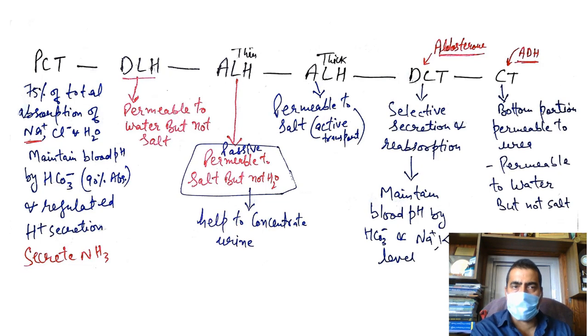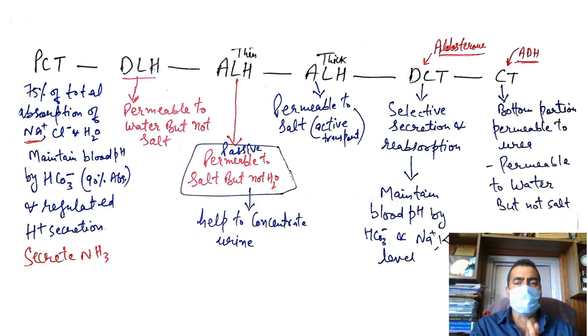Number one is the PCT, the proximal convoluted tubule. 75% of the total absorption of sodium, chloride and water takes place through this proximal convoluted tubule. It also maintains blood pH. Blood pH is most important; in human beings it is approximately 7.3 to 7.4.